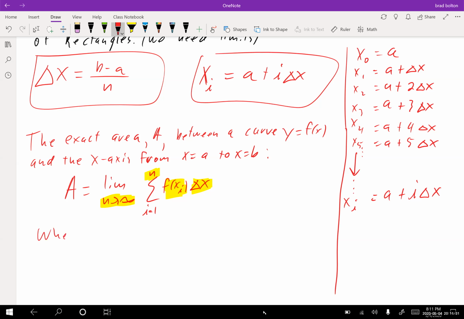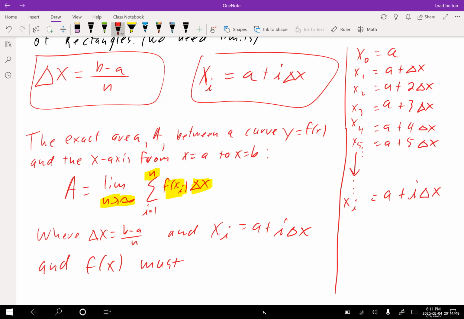So where delta x equals b minus a over n, and x sub i is equal to a plus i delta x, okay? And something big: f of x must be continuous.